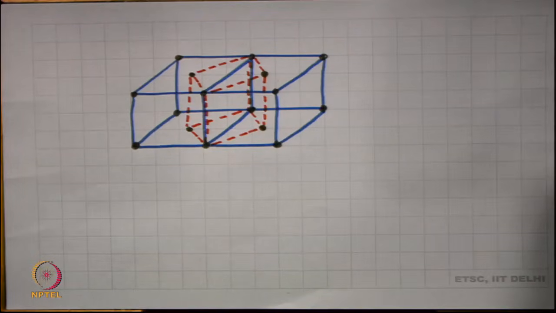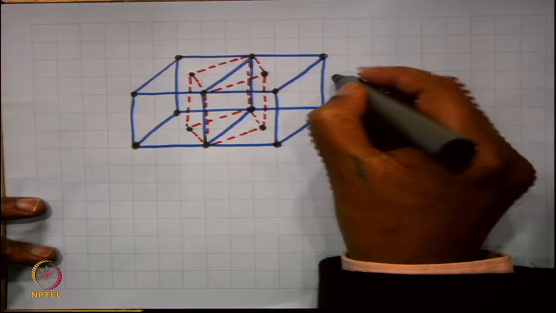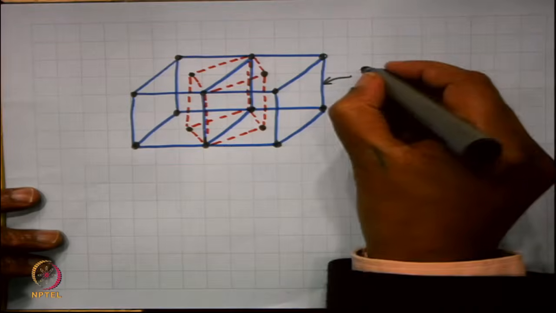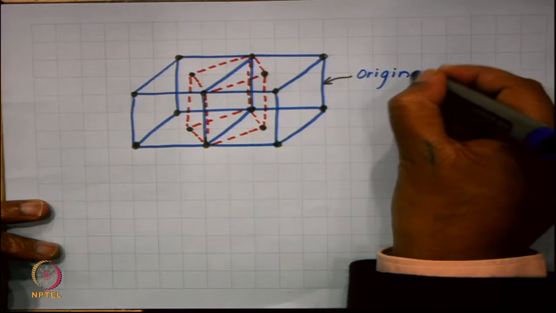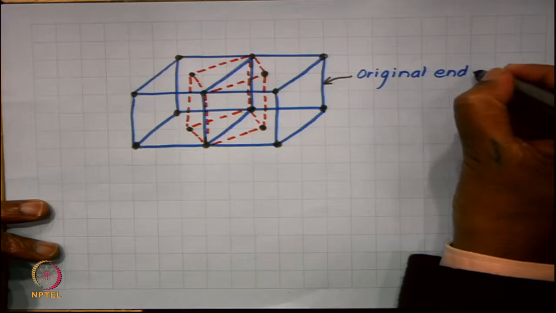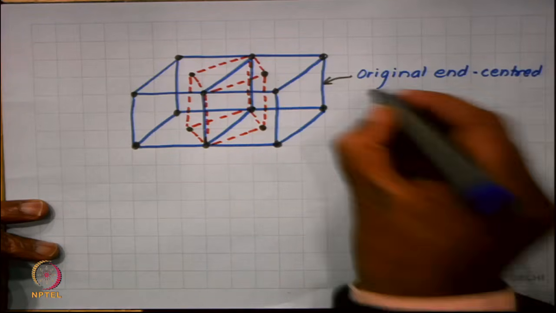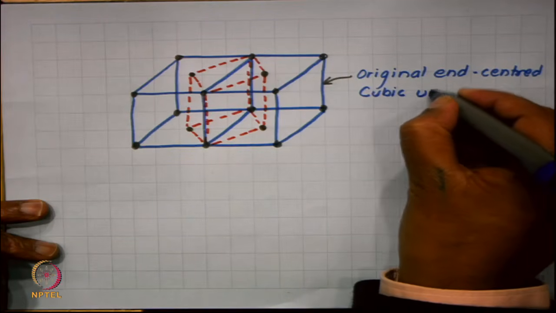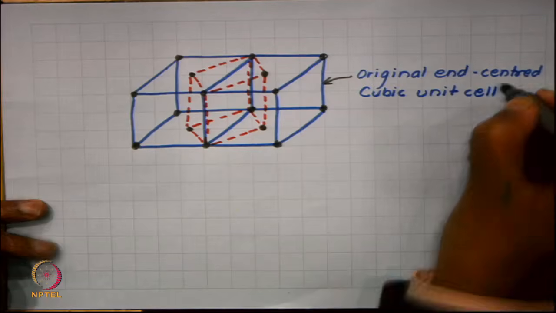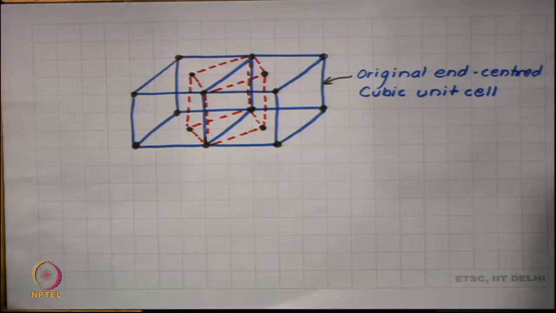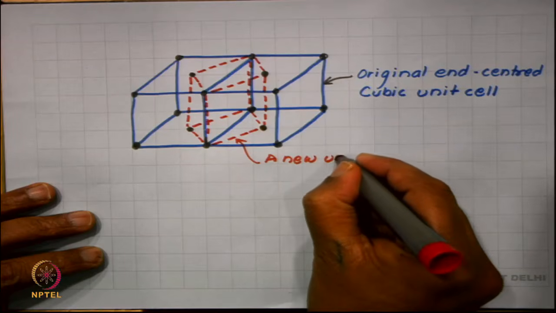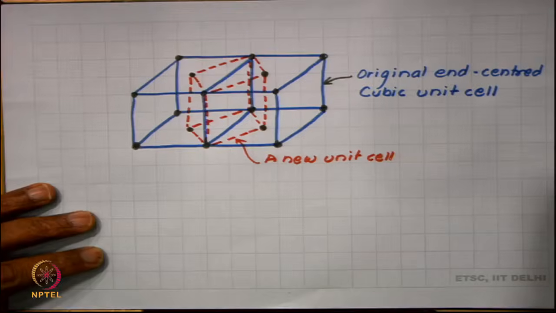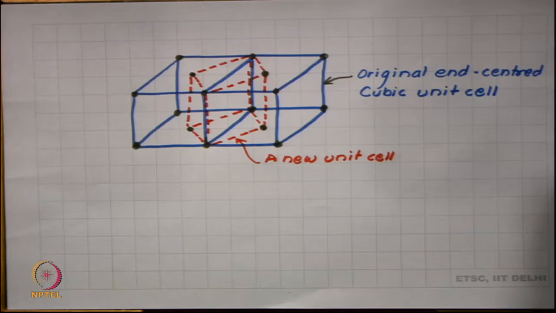This was the original end centered cubic unit cell, and in red we have outlined a new unit cell.